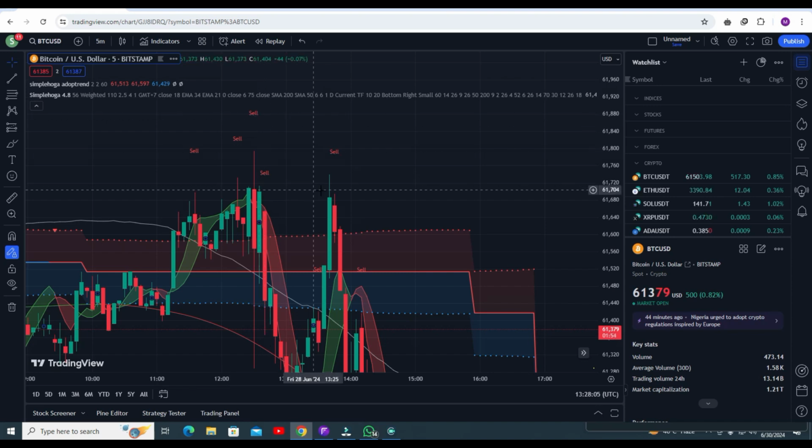After getting this sell signal, make sure the candle comes inside, so this is your perfect sell trade. And this is the RSI. Make sure the candle comes inside the RSI ribbon, then you go for the sell trade. And when any candle closes outside the RSI ribbon, then you have to exit your trade.